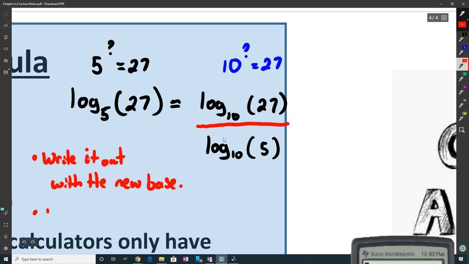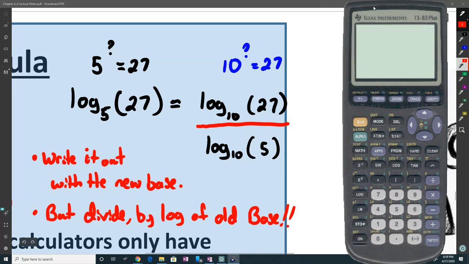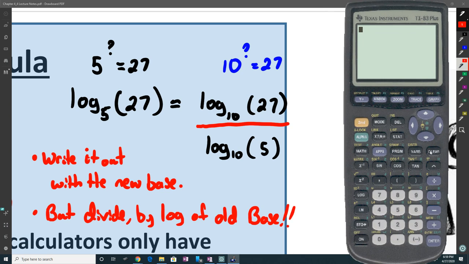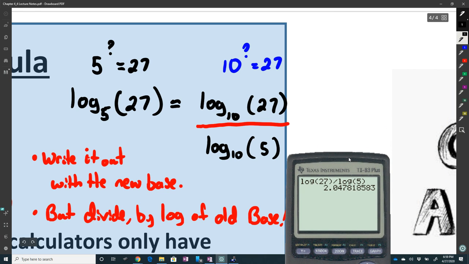So you offset that, but divide by the log of the old base. Okay, so in this example, I have log, the base 10 is implied, of 27 divided by log of 5. Notice I get 2.0478. It's an approximation.